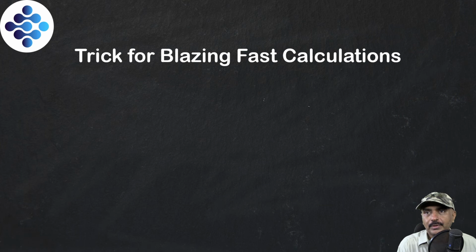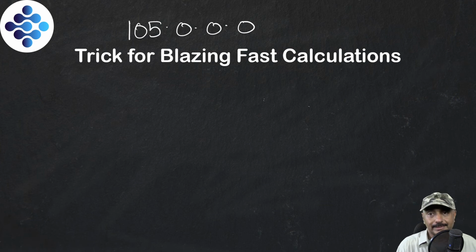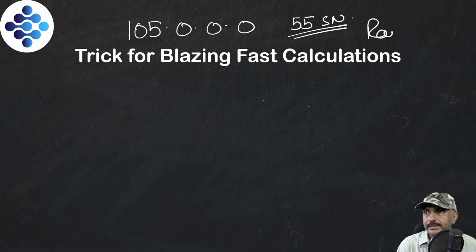This time we take 105.0.0.0. Let's say this time we want 55 subnets and we want the range of the 25th subnet.